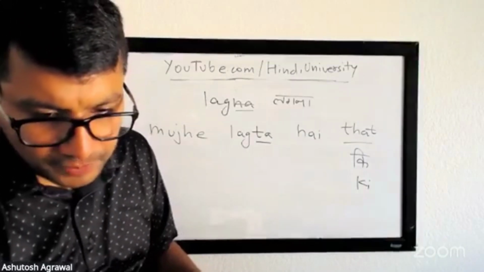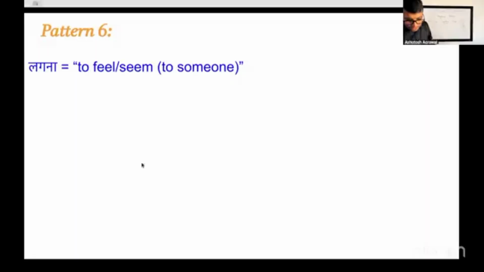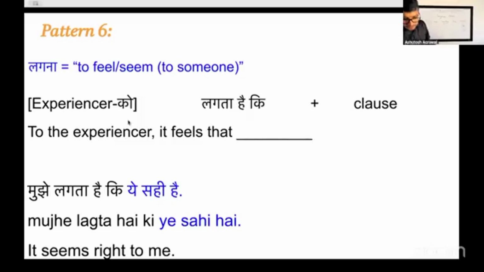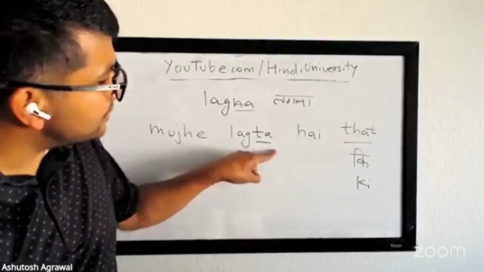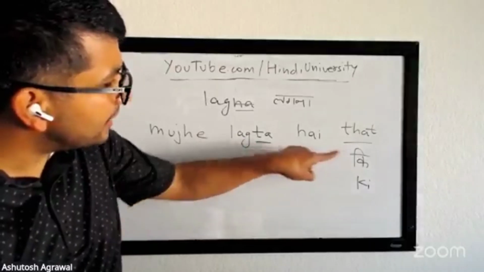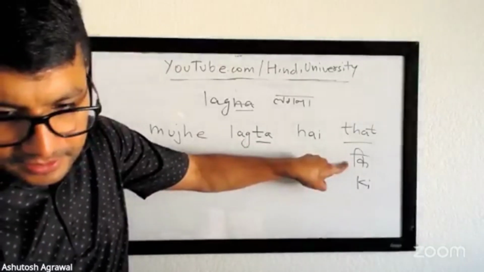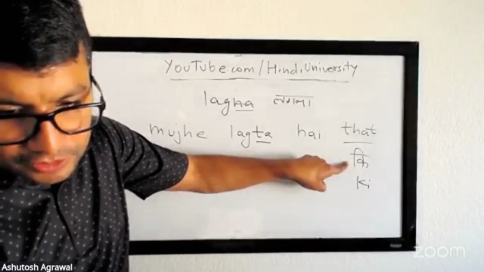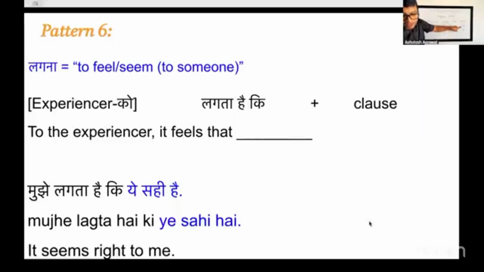I'm just trying to break it down. So experiencer को, Nicole को लगता है कि, which I wrote down here in Roman script as well. Experiencer को लगता है कि, for example, it will rain today. कि आज बारिश होगी.